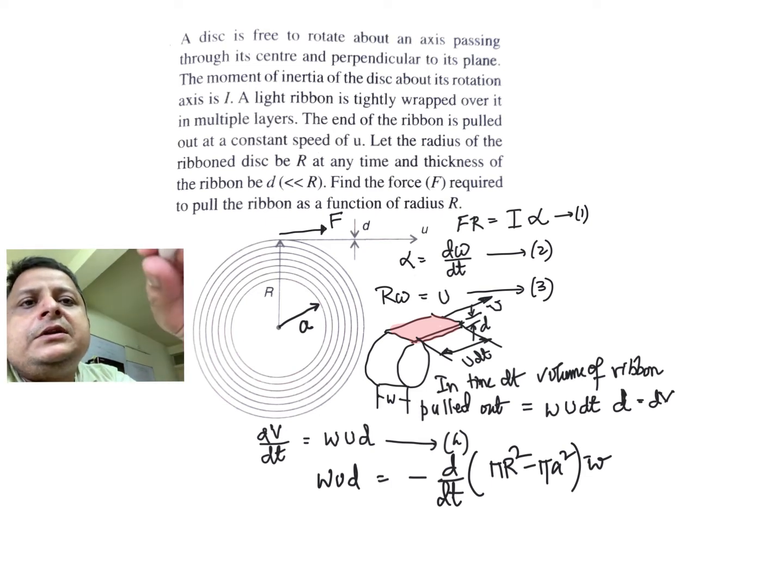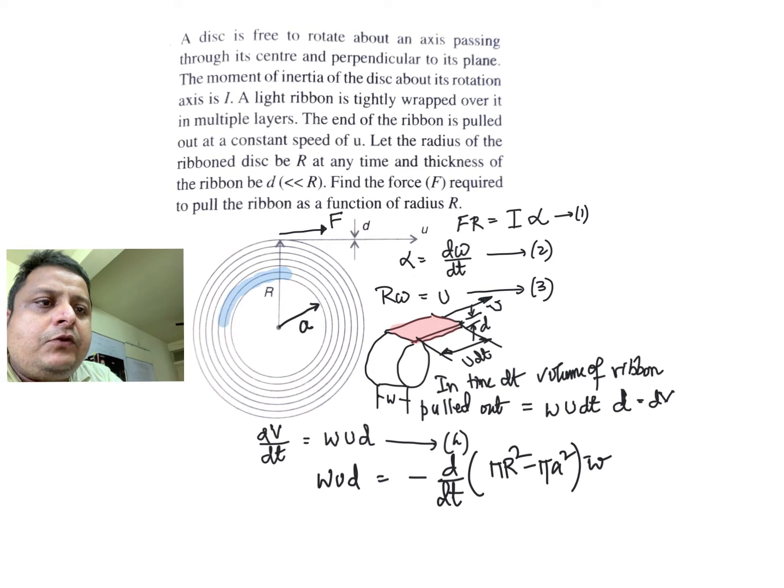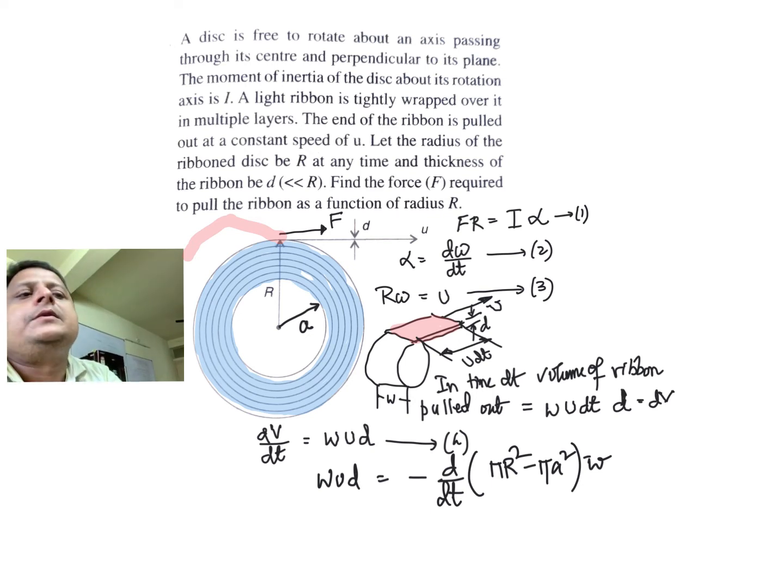So the volume of the ribbon is pi r square minus pi a square, multiplied by w, the width. I've shown the width here in this 3D diagram.